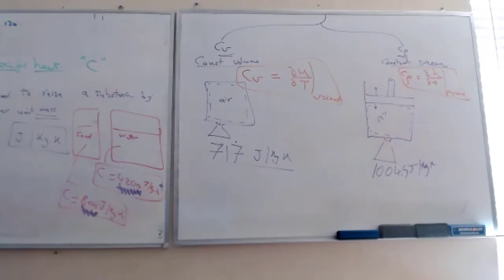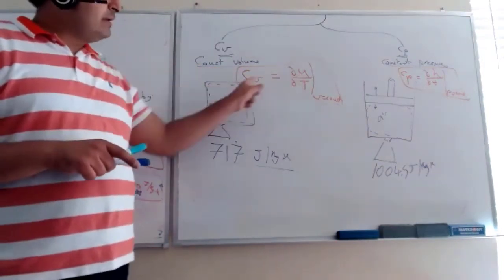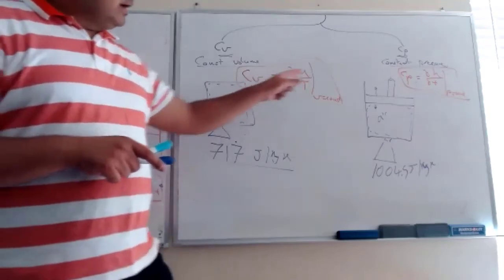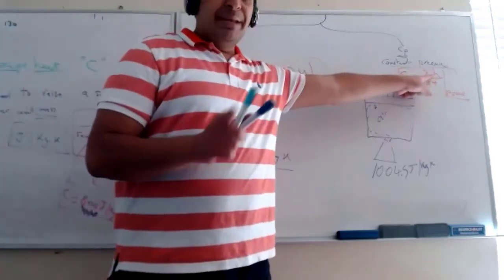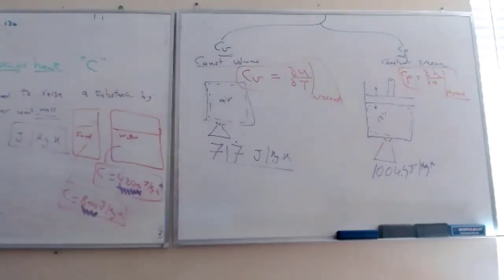U is joule per kilogram per Kelvin, heat capacity. Enthalpy is joule per kilogram per Kelvin in heat capacity at constant pressure. So usually you always see Cv with U, Cp with H, enthalpy.